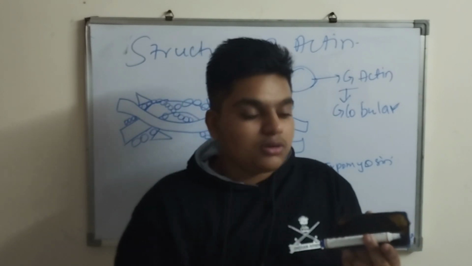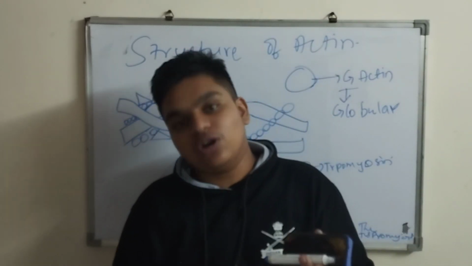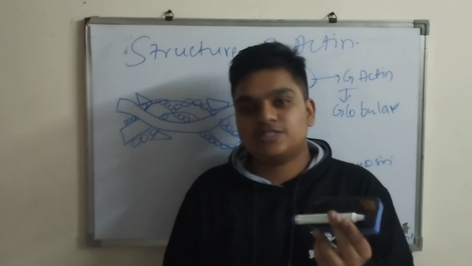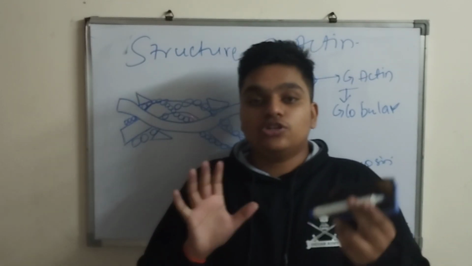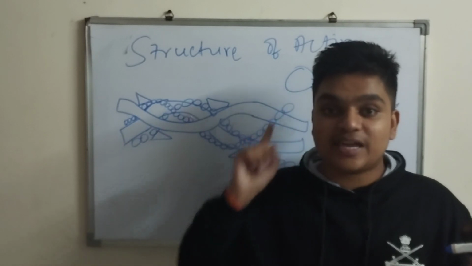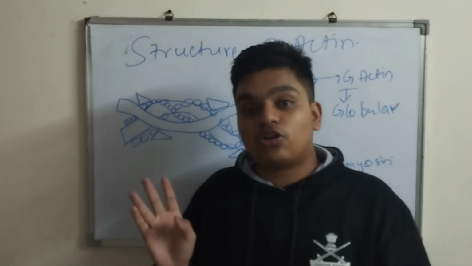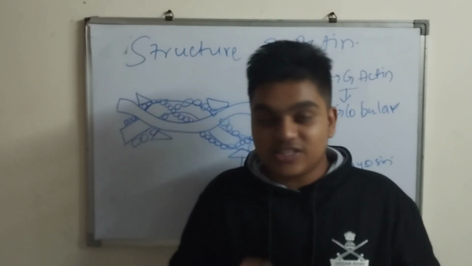Okay. Now, whenever muscle wants to contract, calcium ions from the sarcoplasmic reticulum are released. The storehouse of calcium ions in the muscle, not in the body, but in the muscle, is your sarcoplasmic reticulum. The storehouse in the body is your bone.